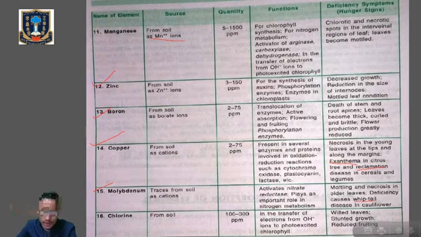And the last one is chlorine. Chlorine is mainly absorbed in the form of chloride ions by the plant from the soil. The quantity is about 100 to 300 parts per million. Role or function: with sodium ion and potassium ion, it helps in maintaining the solute concentration and anion-cation balance in the cell.